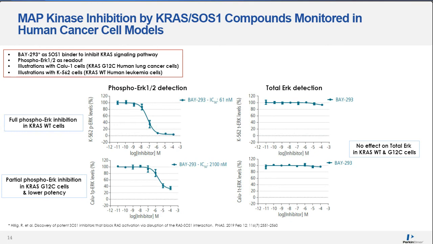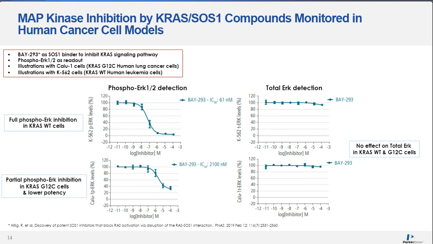In the corresponding experiments, the SOS1 binder BAY was tested on 2 different cancer cellular models. First, the LU1 cells as lung cancer cells in which only KRAS G12C is endogenously expressed, and second, the K562 cells as leukemia cells in which only the KRAS wild-type version is endogenously expressed.